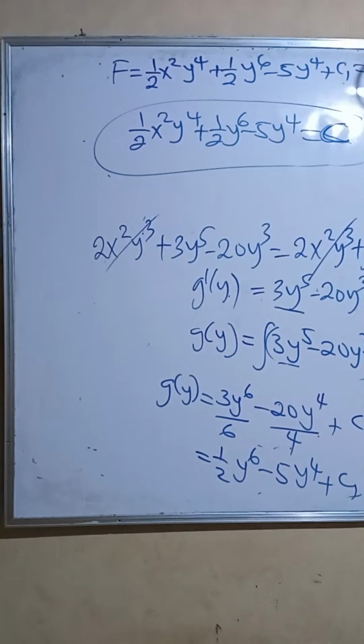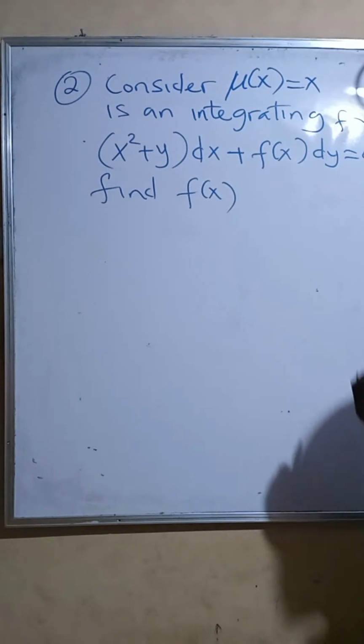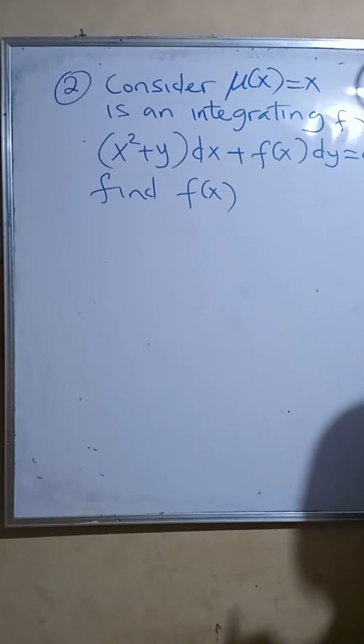Let's make this section interactive. What they're telling us is to make this equation exact. Once you're given the integrating factor, what they are telling you is to make it exact.